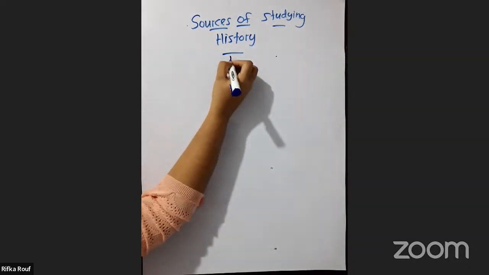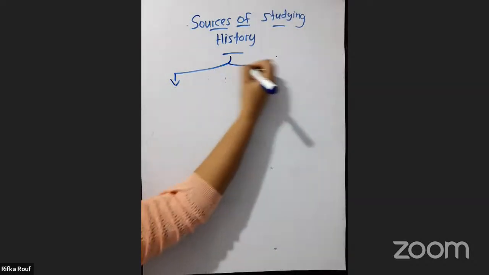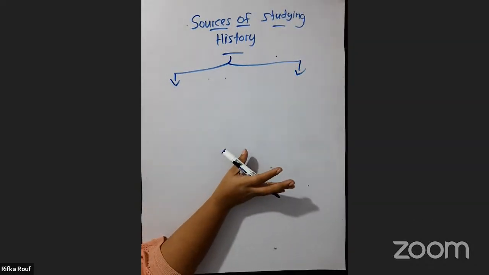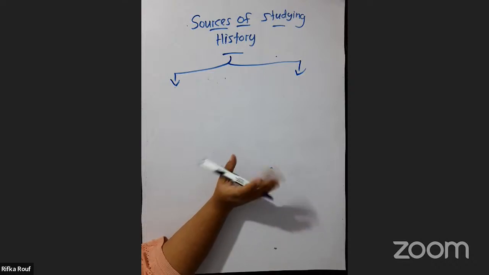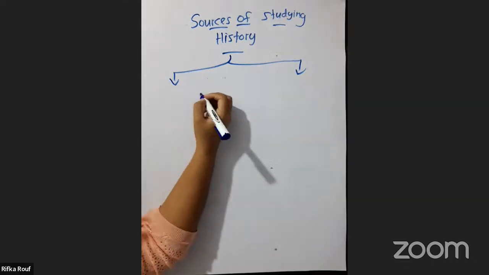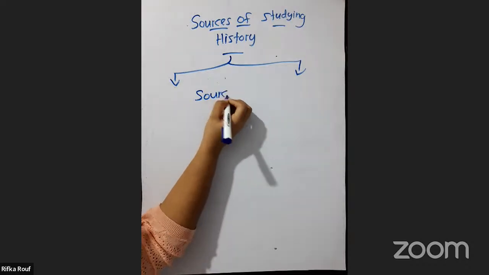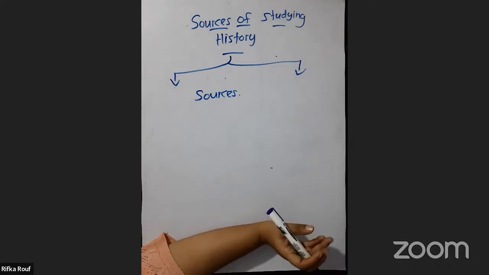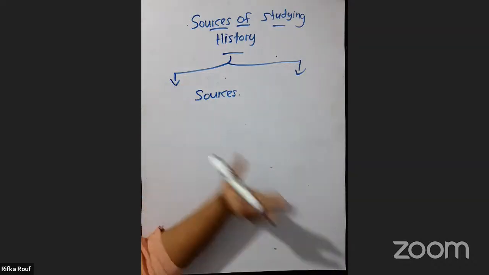There are things that help us to know the history. So that we call the sources. Sources can be divided into two.